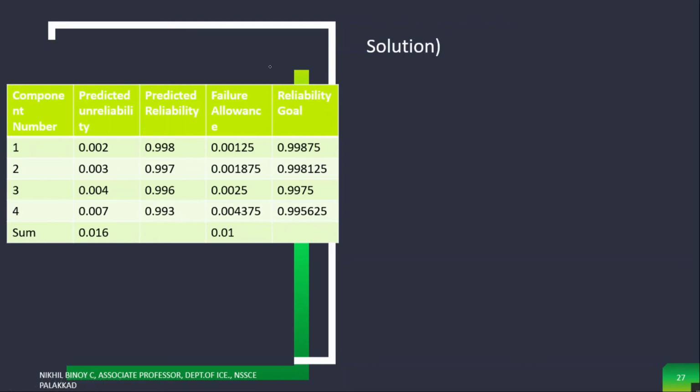So please check whether the failure allowance or the desired reliability of each component are correct or not.